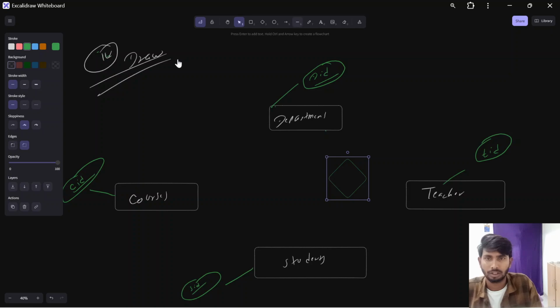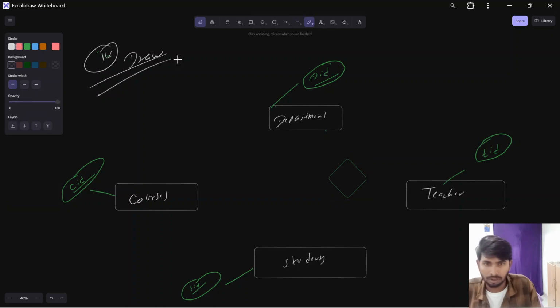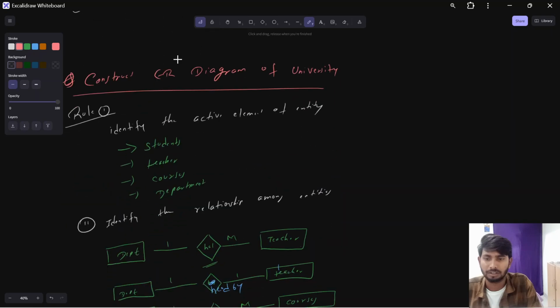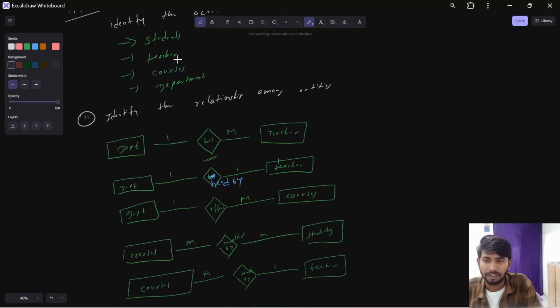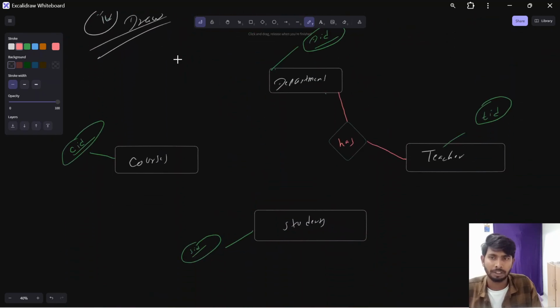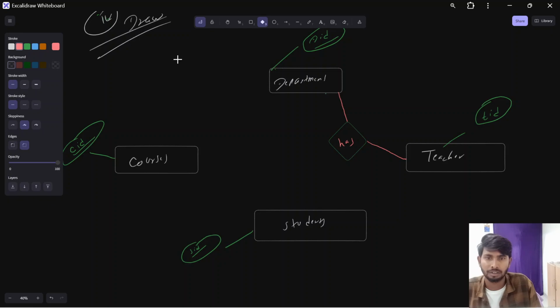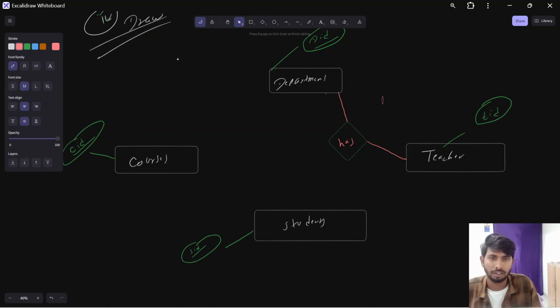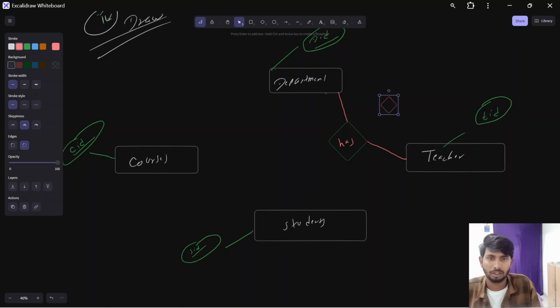Okay, we can say here department has teacher. First thing, department has teacher. After that, department is headed by a teacher also. One more relation here.